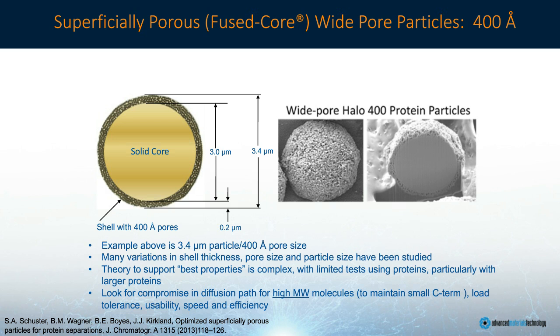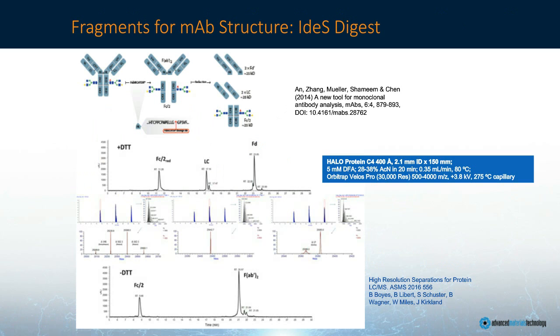And in this example, a separation of a monoclonal antibody that had been IdeS digested is being run on a 400 angstrom Halo Protein C4 column.